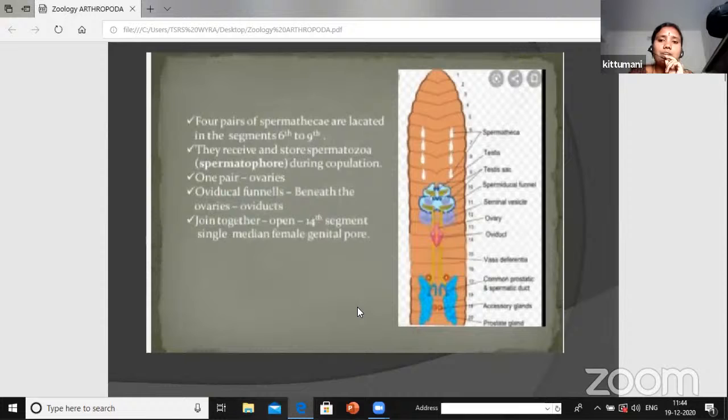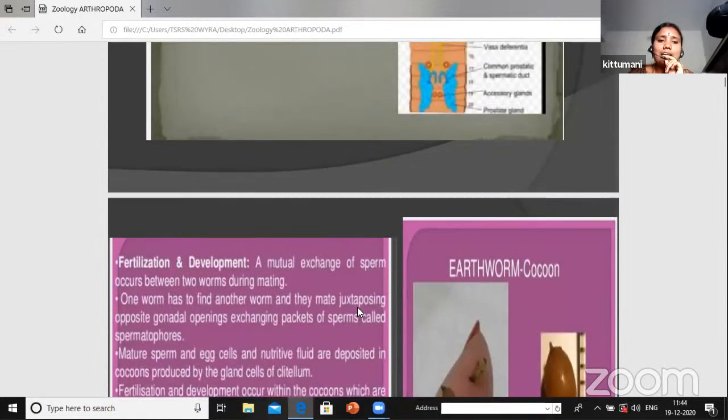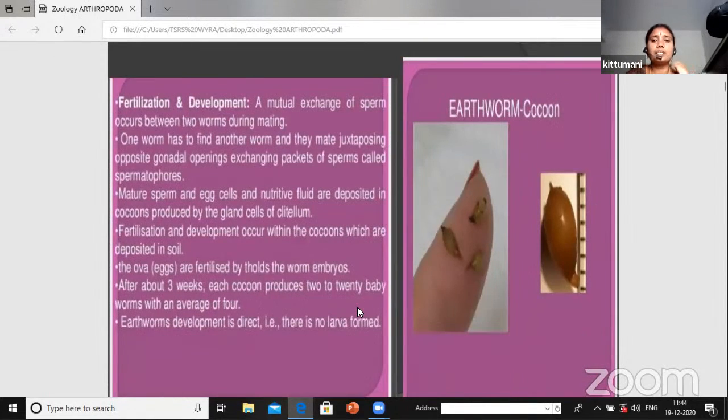Then next we will enter into the fertilization and development of the earthworm. In fertilization, a mutual exchange of sperm occurs between 2 worms during mating. We already discussed this.